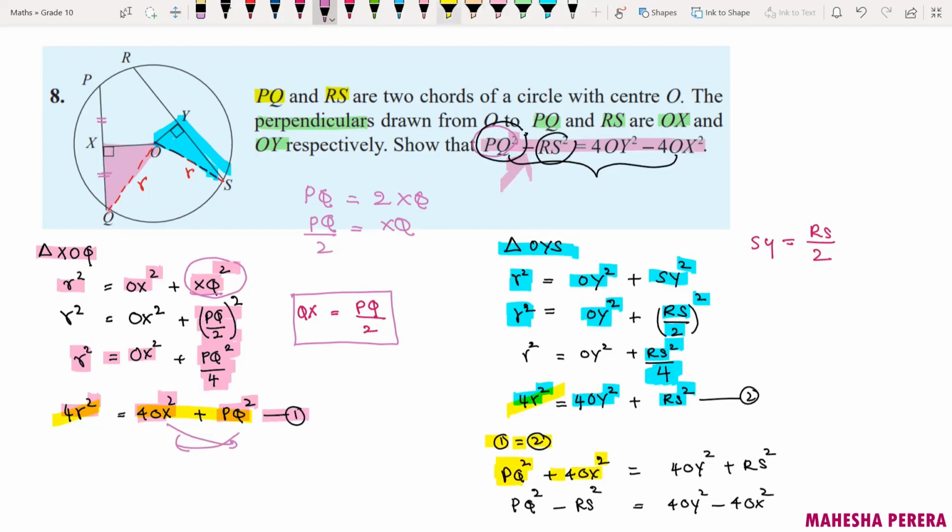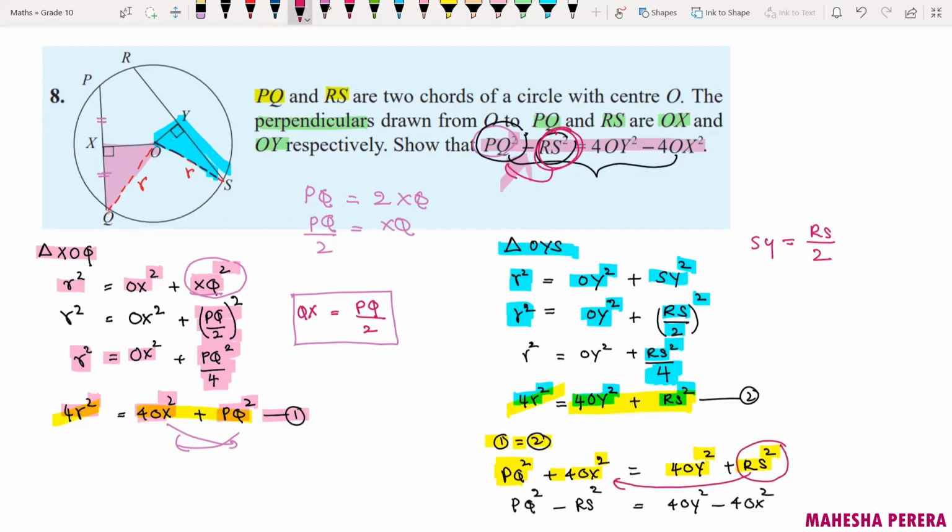Then what is the other side? That means these two terms, so it should be 4OY squared plus RS squared. Now since RS squared is on the right side, I'm going to transpose this term to the left side.